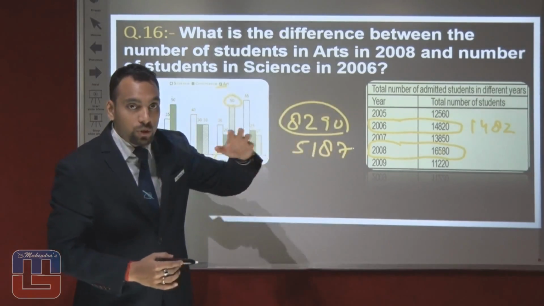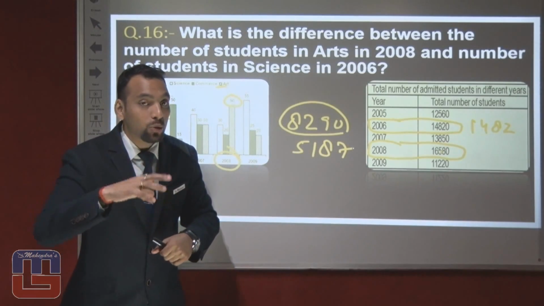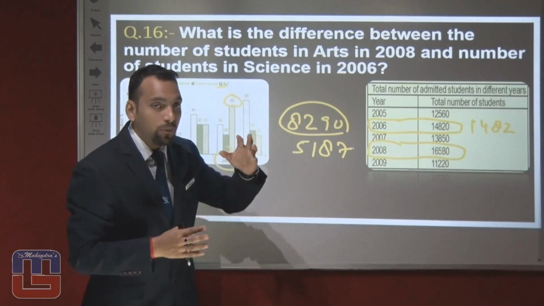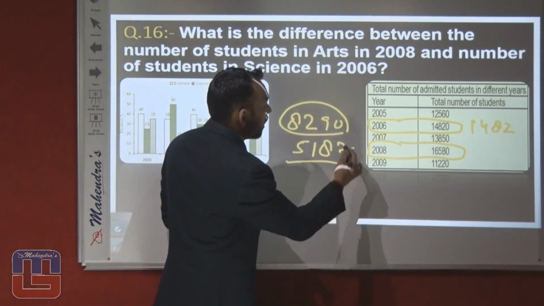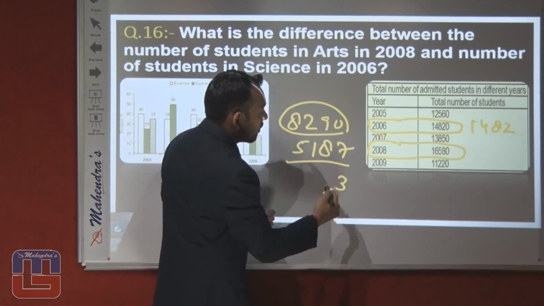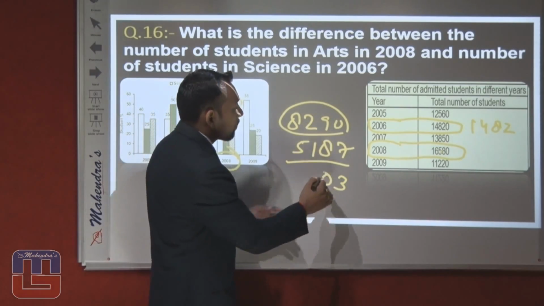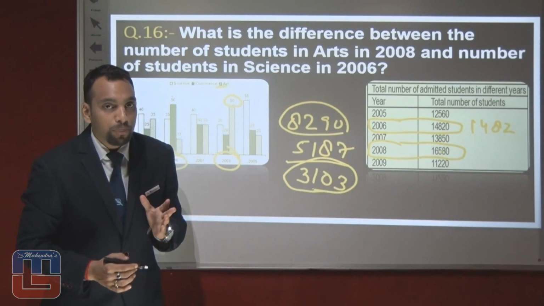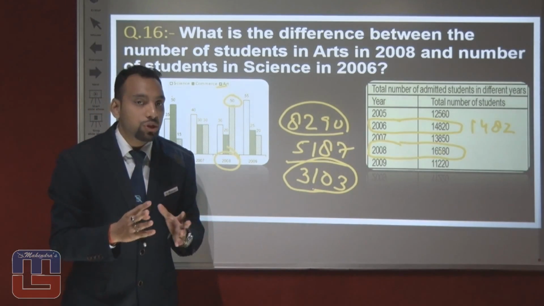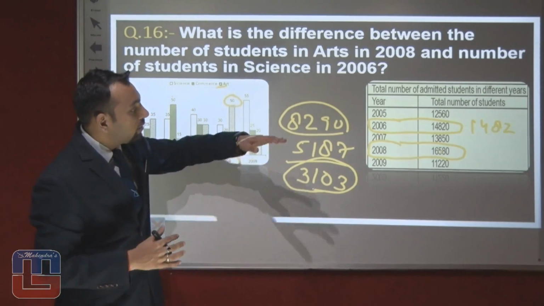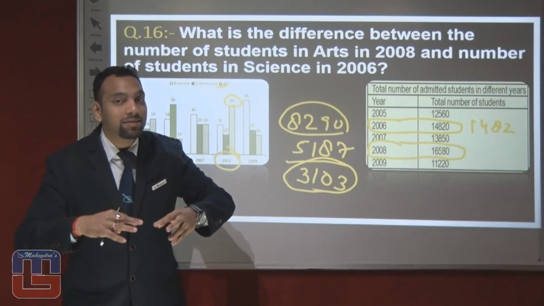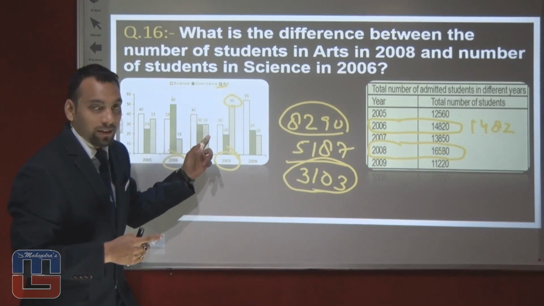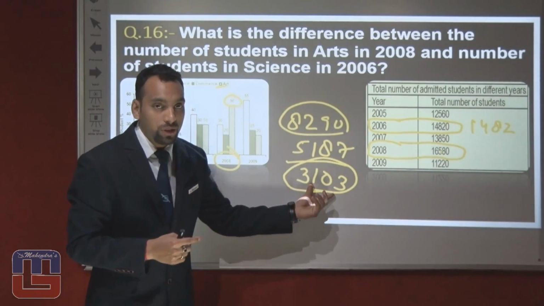This is the number of students in science in 2006, and this is the number of students in arts in 2008, and you have to take the difference. Now the difference is 3103. The basic approach or the trick of this question is, firstly you have to calculate the number of students in arts in 2008 and the number of students in science in 2006, and the difference is 3103, right?